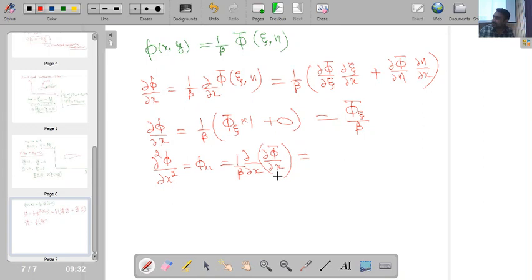Is this point clear? So it will become 1 by beta times del by del x of the term phi bar zeta.